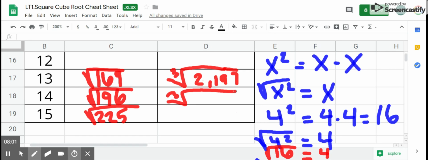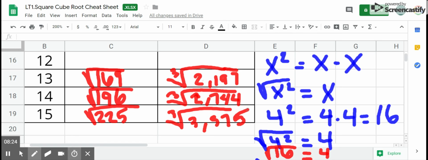I'm going to multiply 14 3 times, so 14 times 14 times another 14, which is 2,744. Okay, last one, cubed root. We're going to do 15 times 15, which is 225, times another 15. I get 3,375. So again, make sure this sheet is filled out because you will need to use it for your notes.